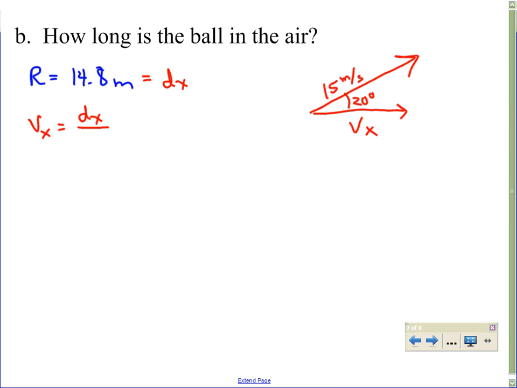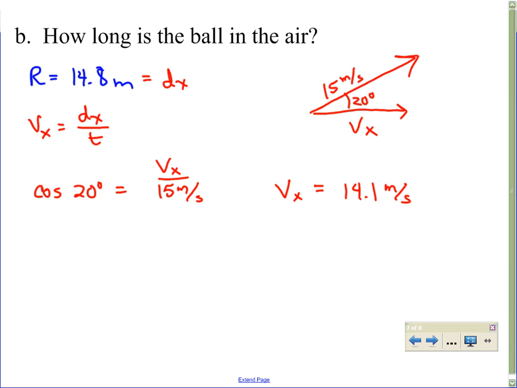dx over t. Remember, range is just a special dx, and the beginning and ending points of a projectile are at the same level. So I'm going to find Vx, and that would be the cosine of 20 degrees equals Vx over my hypotenuse, which is 15 meters per second. So Vx has a value of 14.1 meters per second.